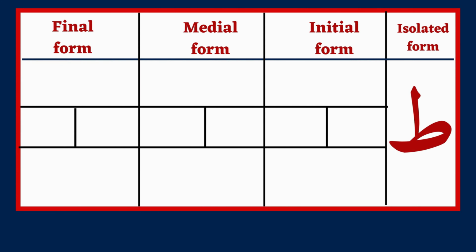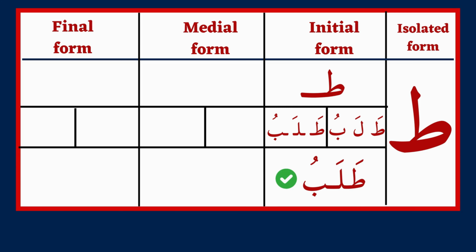Ta. Ta allows connection from both sides. When a word begins with ta, this is how we write it, opening it for the next letter to join. See the complete word now. Very easy.